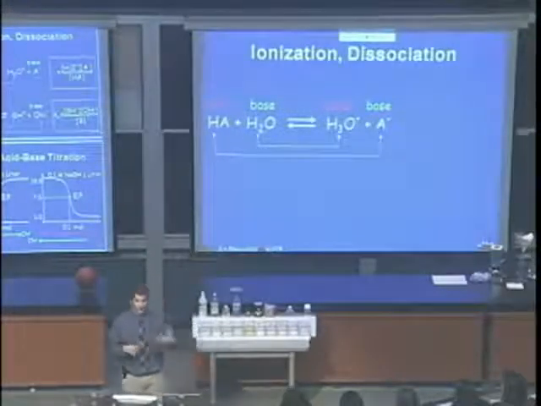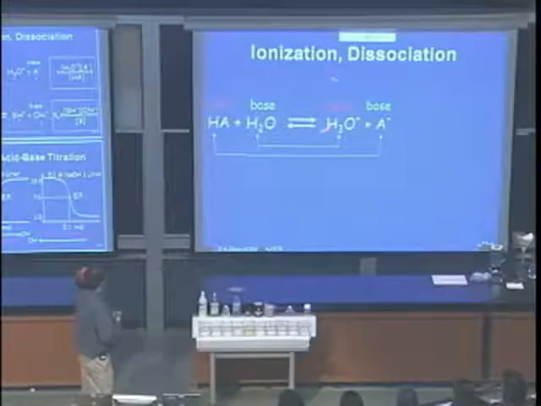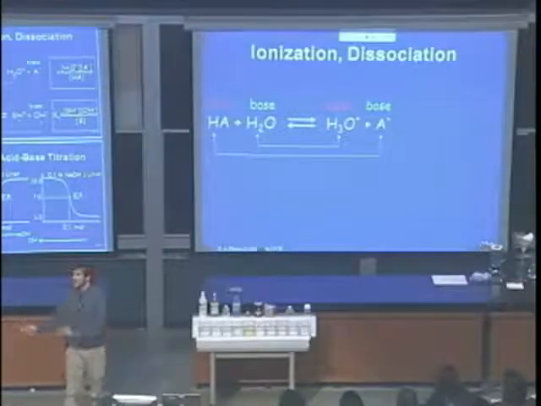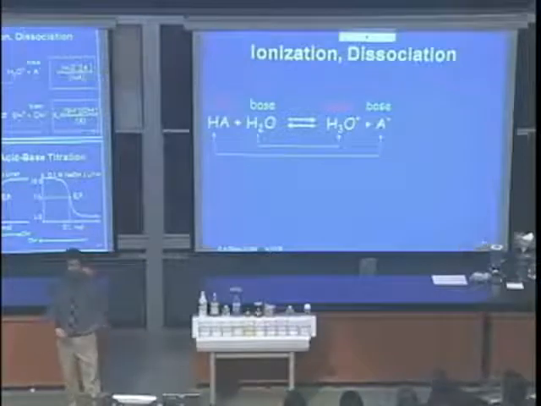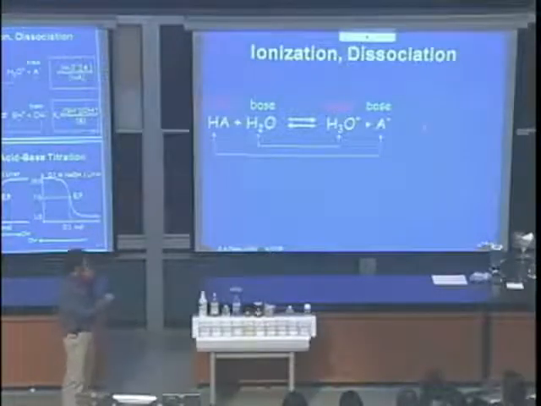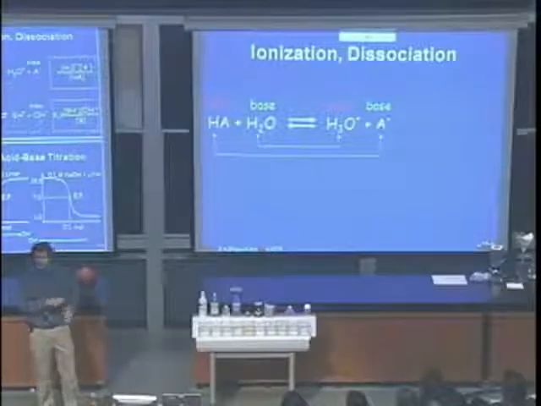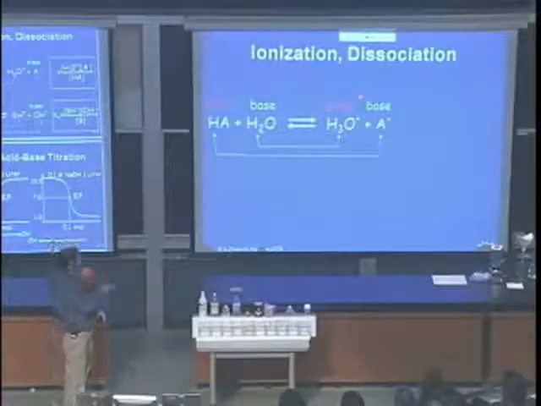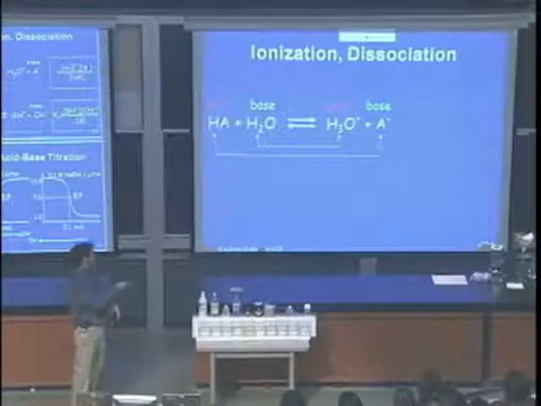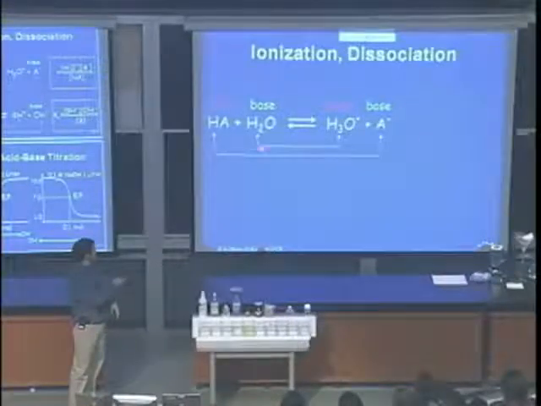And we can write an equilibrium constant for this expression, just like we've been doing before. So what's my equilibrium constant going to be? Concentration of products over reactants, right? So we would have concentration H3O+, concentration A minus, divided by concentration HA.